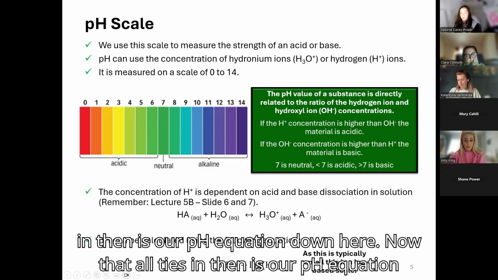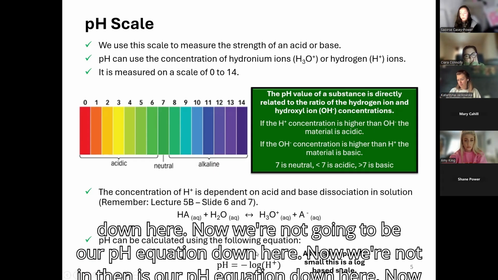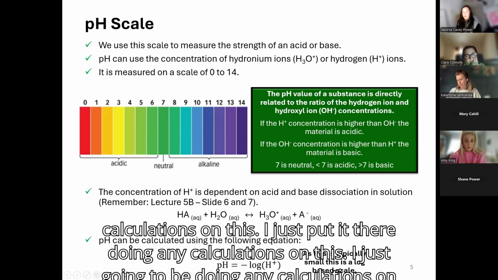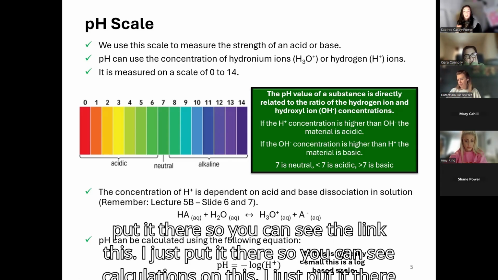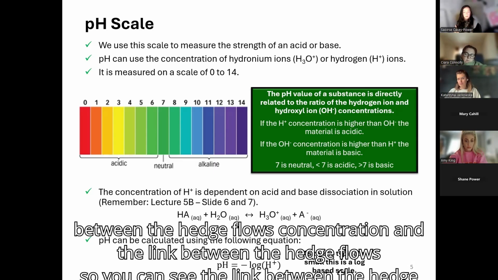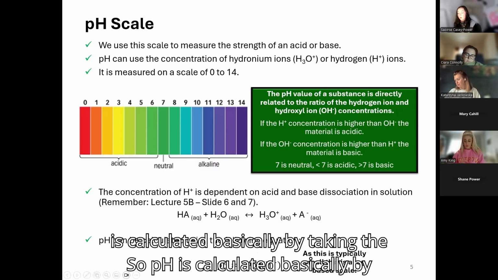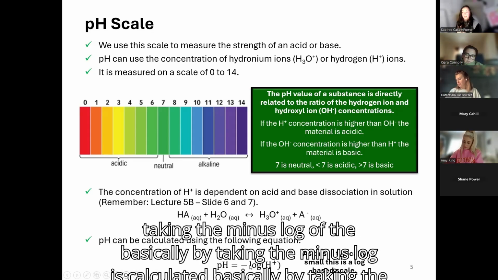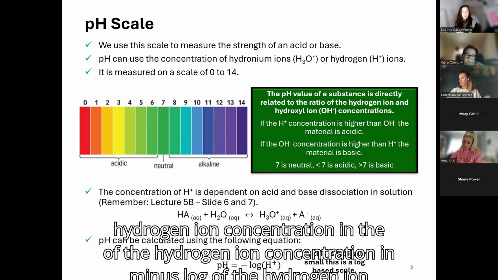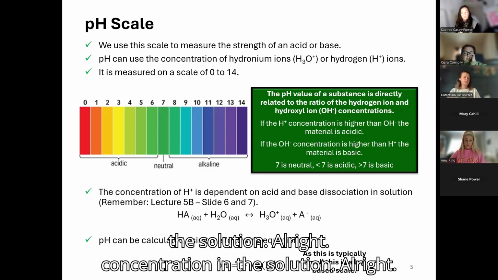Where that all ties in is our pH equation down here. We're not going to be doing any calculations on this. I just put it there so you can see the link between the H plus concentration and your pH. pH is calculated by taking the minus log of the hydrogen ion concentration in a solution.